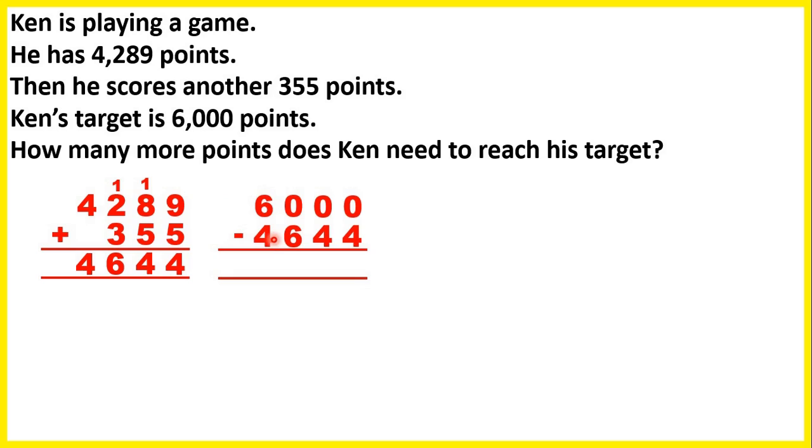So we can subtract 4,644 from 6,000. So here for this column subtraction we need to do a lot of exchanging, but then we get 1,356. So that's how many more points Ken needs.